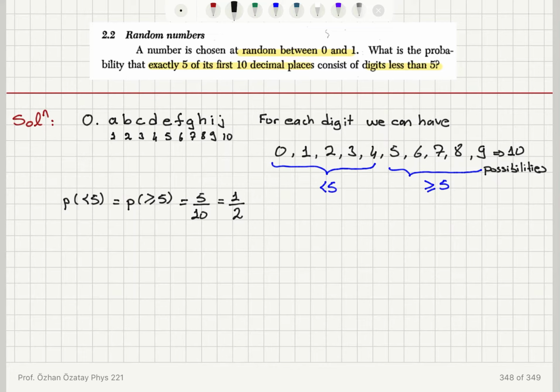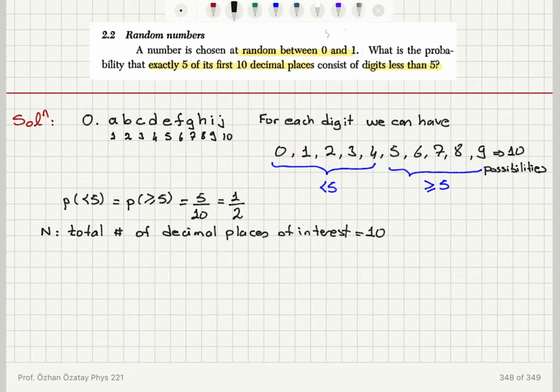So capital N is the total number of decimal places of interest. So this is basically 10.